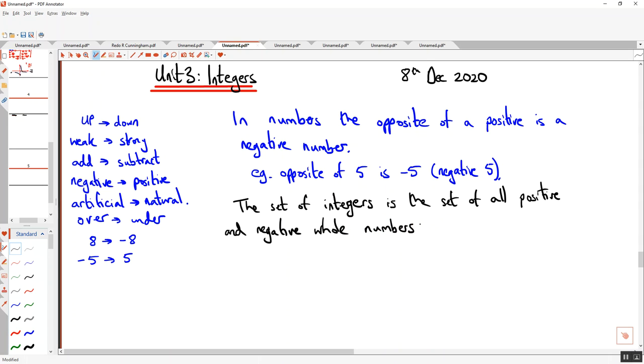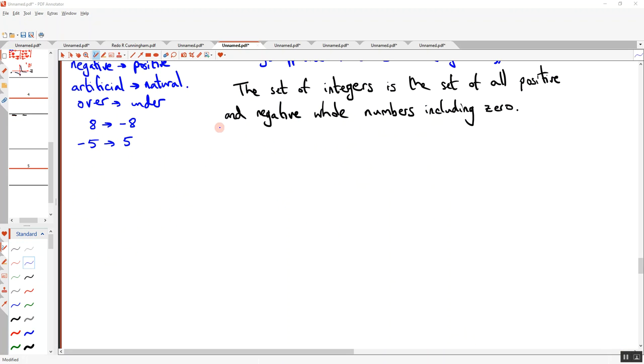So the group, okay, set is a fancy word in maths for like the group of. And integers also include, if a number is not negative or positive, what is it? 0. Okay, integers.